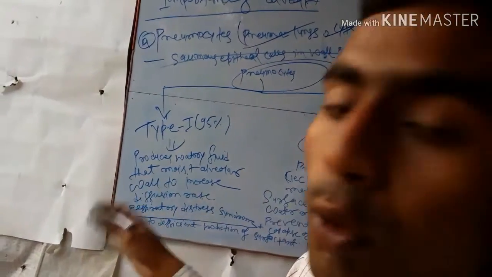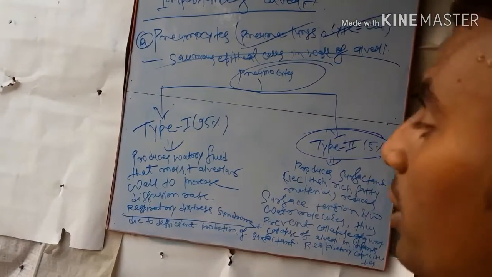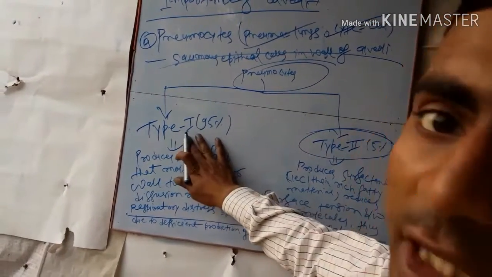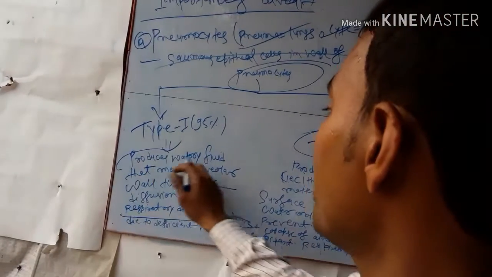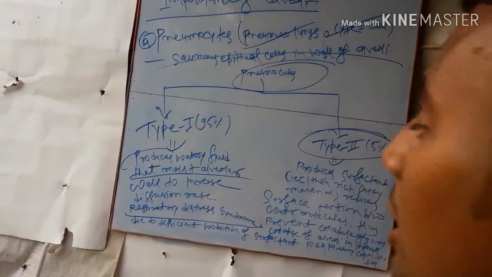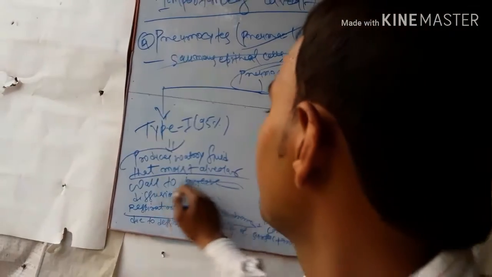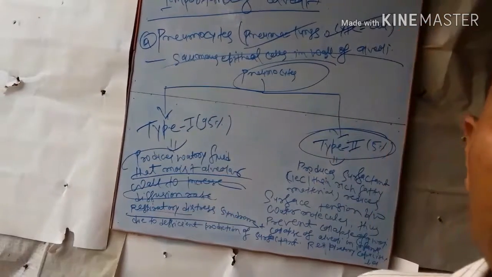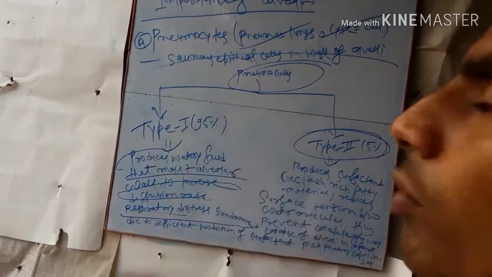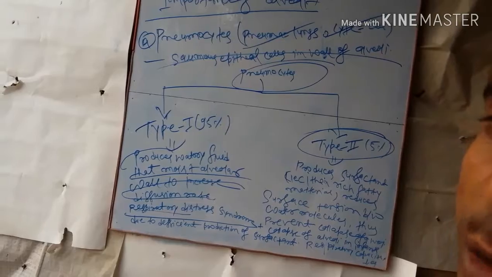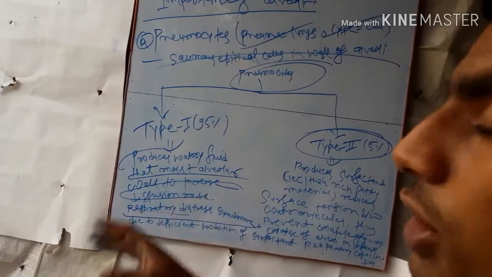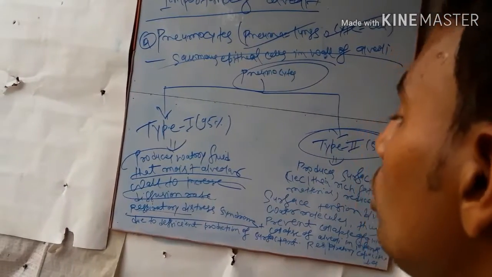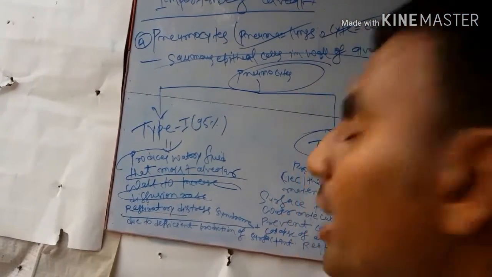The work of type 1 is to increase the diffusion rate. Type 1, present 95%, produces watery fluid that moistens the alveolar wall to increase the diffusion rate.